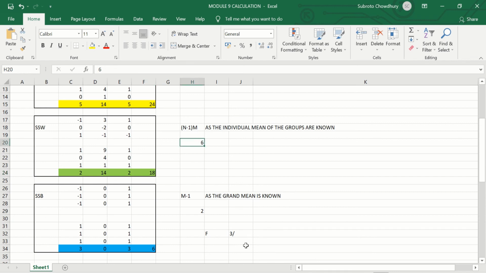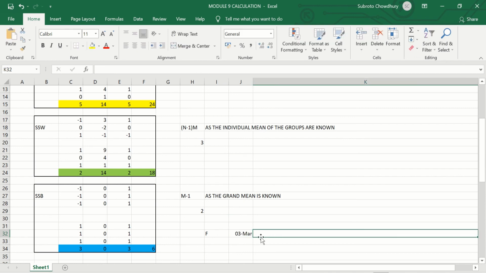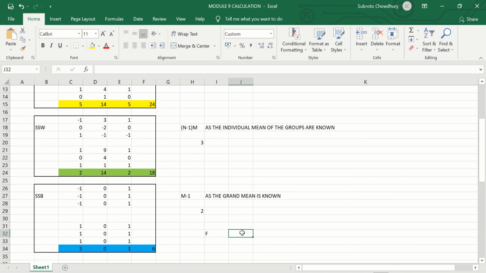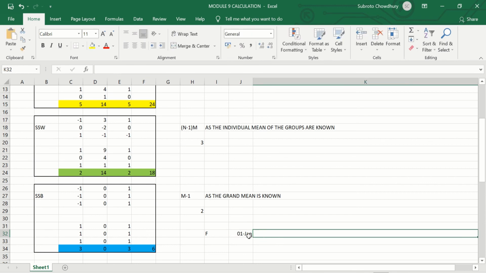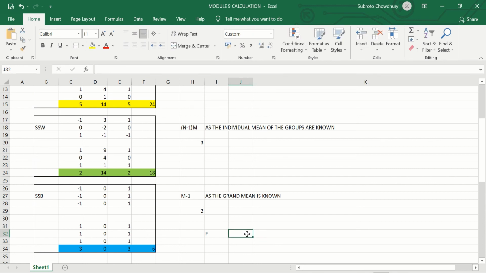So 3 divided by 3 is equal to 1, right? So we have got our F value to be 1.